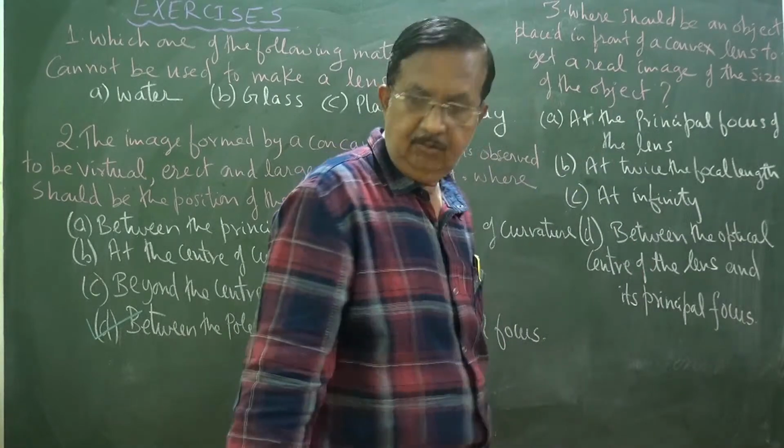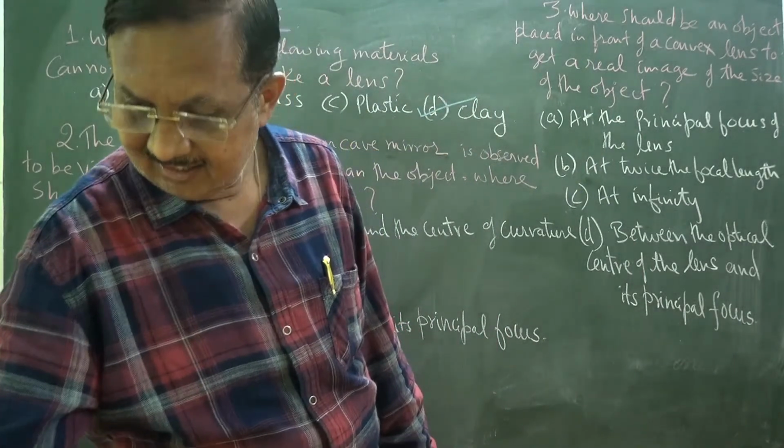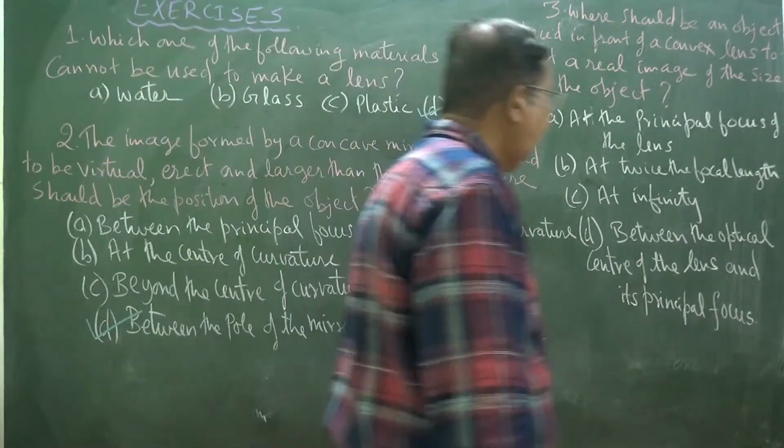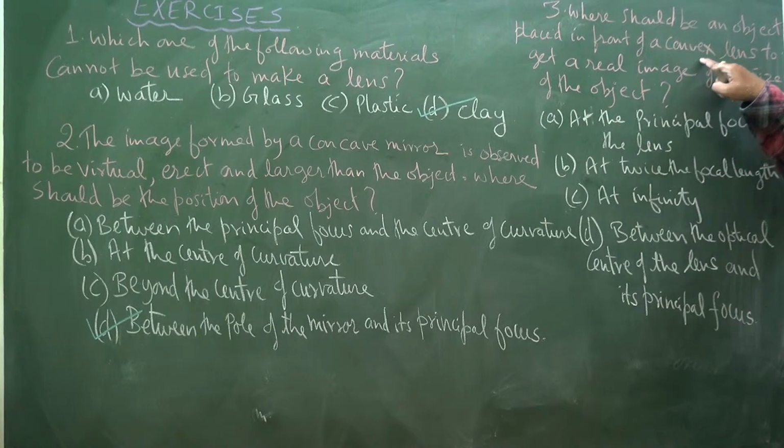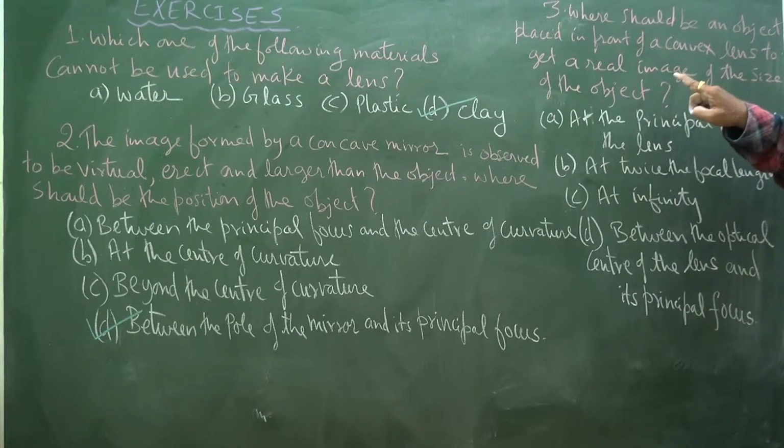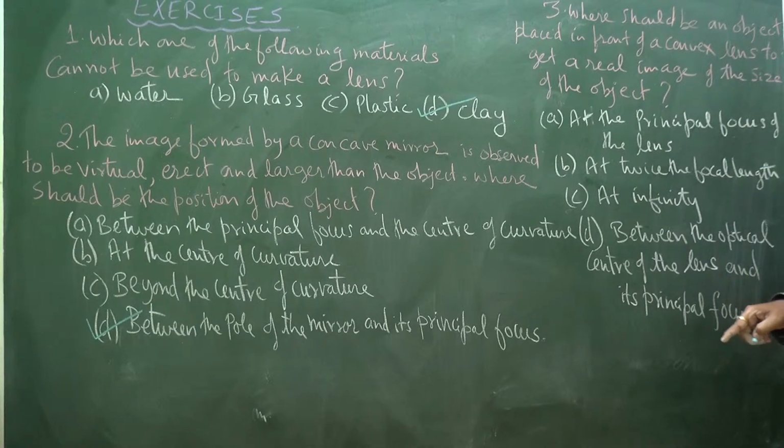So, where do you feel is the correct answer? That we will discuss here. Where should an object be placed in front of a convex lens to get a real image of the same size as the object?